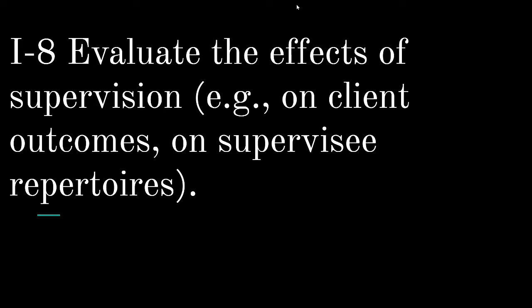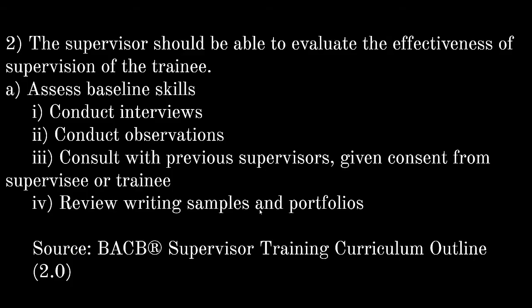Okay, so I'm going to go through some of what you'll find in that Supervisor Curriculum Training Outline 2.0. These are ways to evaluate effectiveness of supervision of the trainees. This is I-8 that I'm just quoting, but this is also section 2 of that training curriculum outline. Assess baseline skills. How do you do that as a supervisor?